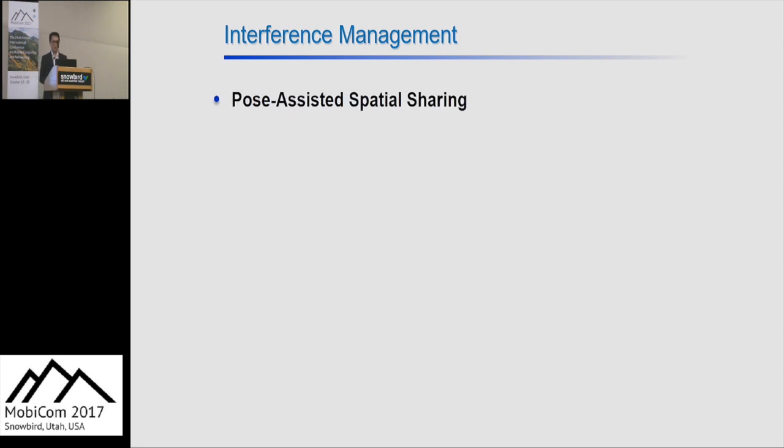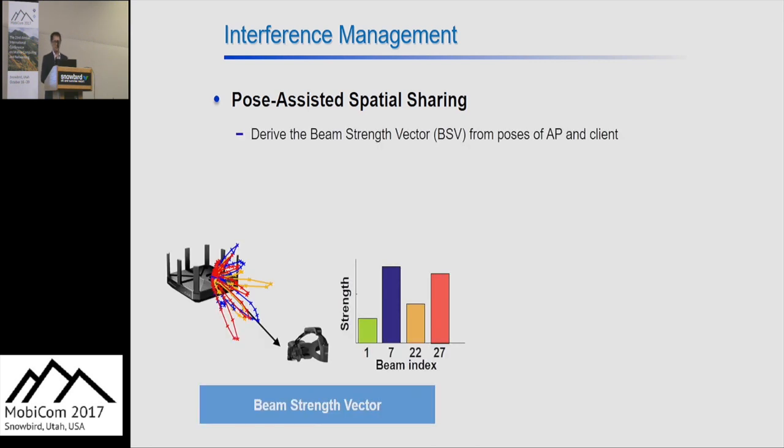To address this problem, we propose the pose-assisted spatial sharing mechanism. The basic idea is to predict the cross-link interference using the pose information. To do so, we leverage the beam strength vector, or BSV, which is defined as the signal strength of all beam patterns in a specific direction.